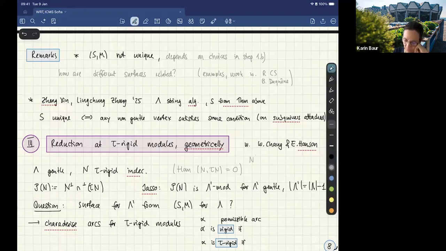So N perp are the modules which have no HOMs going out. Sorry, N.